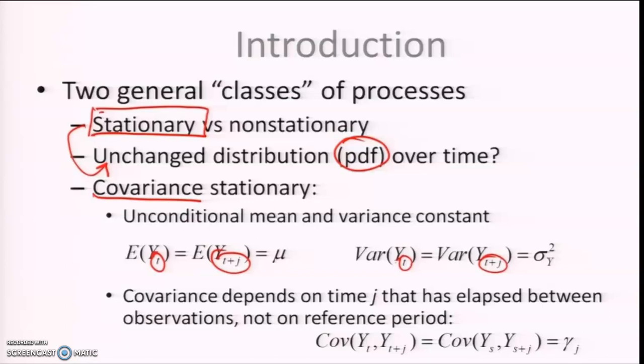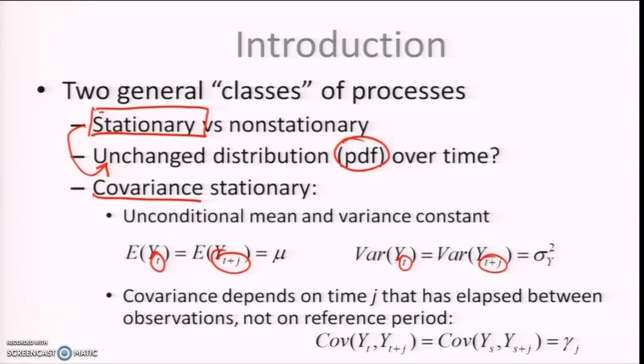For example, the expected value of yt is equal to the expected value of yt plus j, and that is equal to the constant mu. Similarly, the variance of yt is equal to the variance of yt plus j, and that is equal to sigma square y.